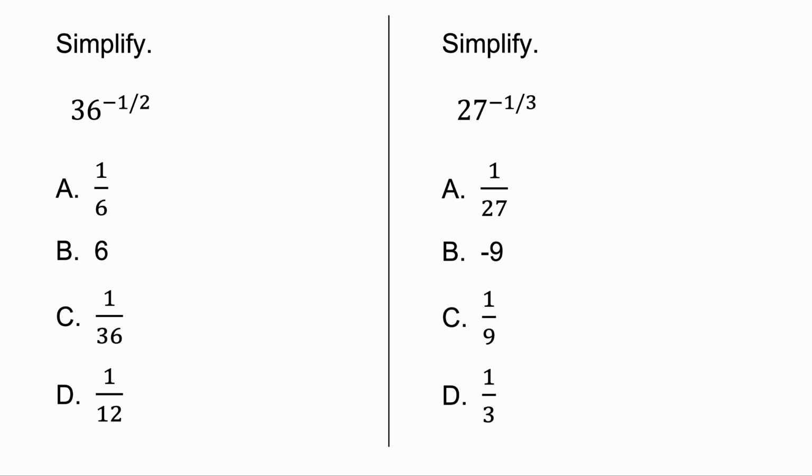Okay, last ones here. When you have a power that's negative, just pretend that it's positive. So 36 to the negative 1/2. Let's do 36 to the positive 1/2. Well, 1/2 is a square root. The square root of 36 is 6, since 6 times 6 gives us that. Now remember, we pretended that it was positive.